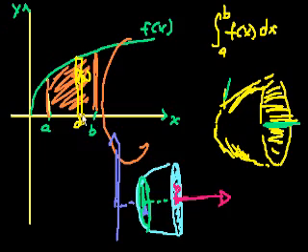Hopefully that makes sense. The visualization really is the hardest part about these problems. So the first step is actually just to imagine what you're doing. I just did this section rotated about the x-axis, but if I were to draw the whole curve, it would look something like this, right?